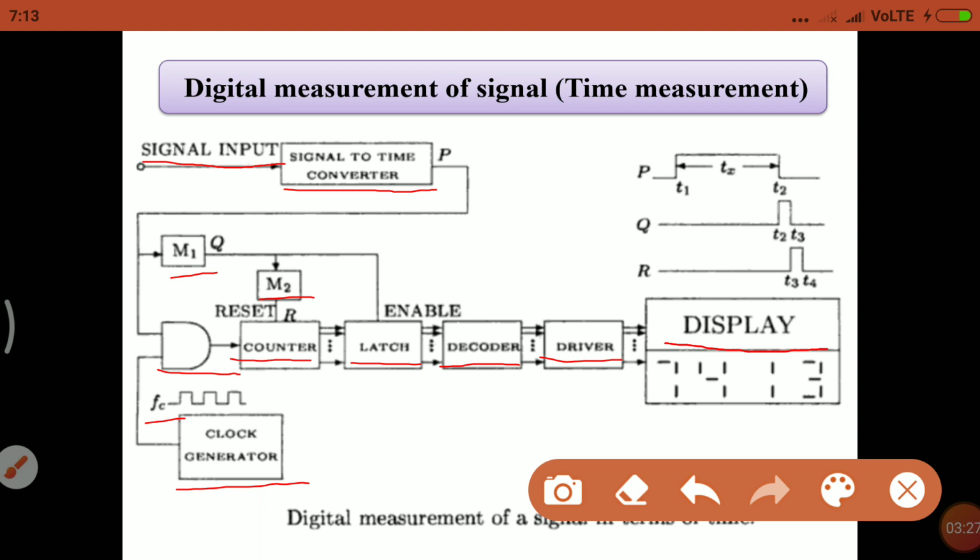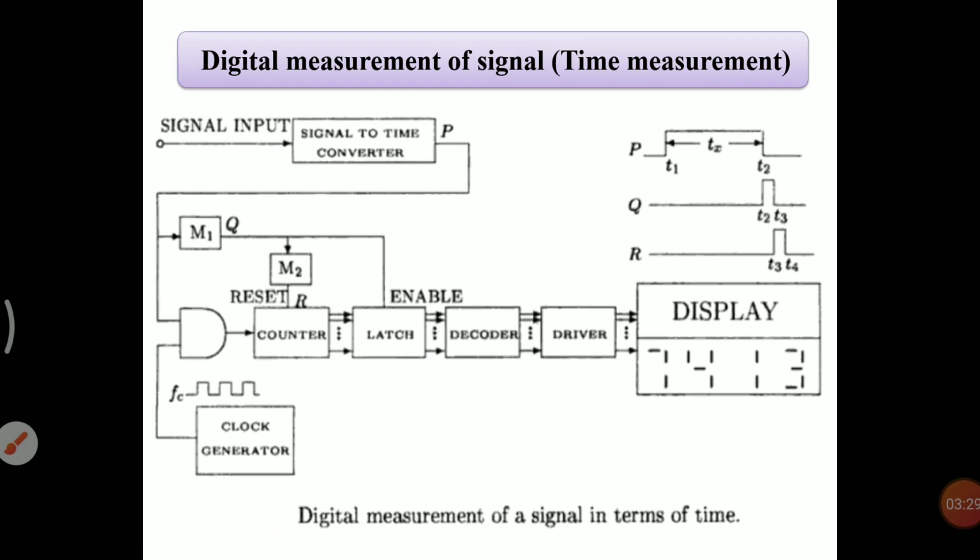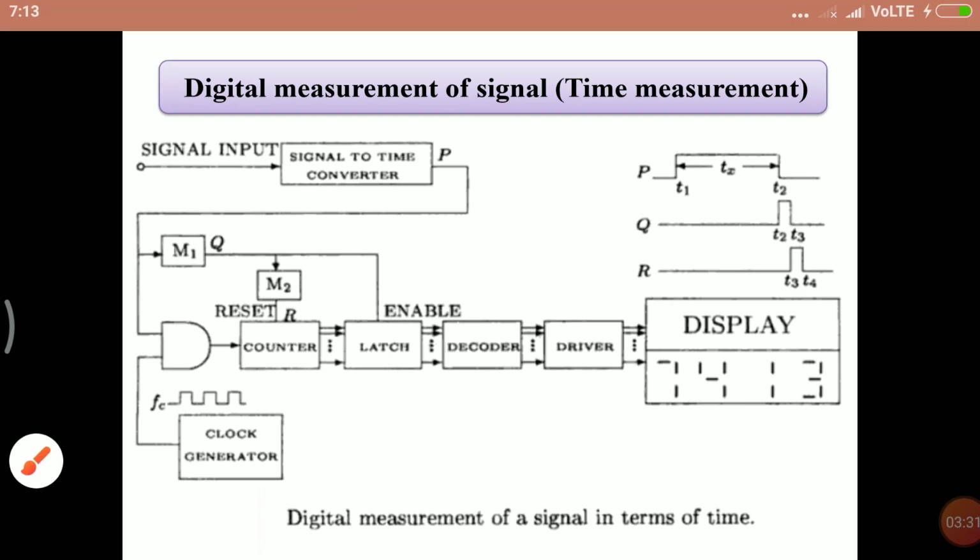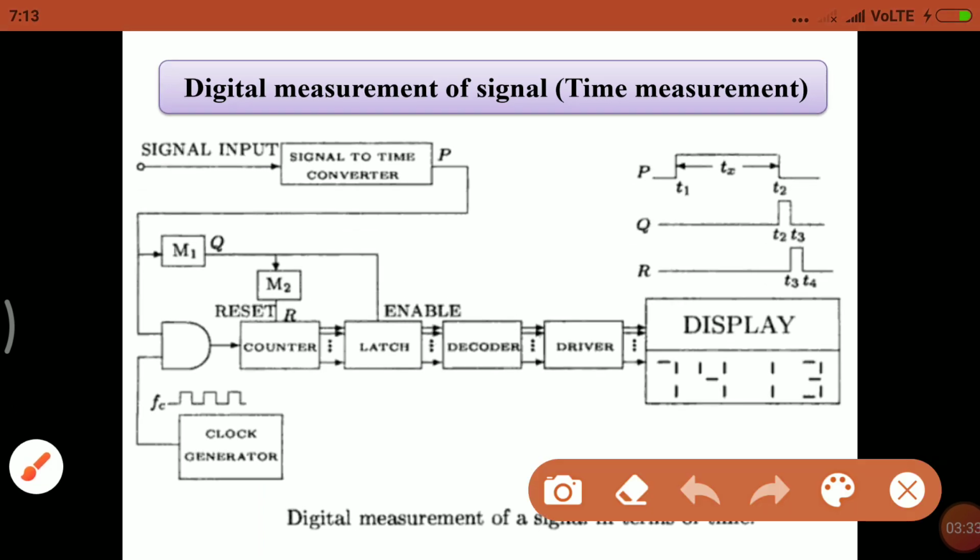Then the working principle, how it works. First is the input signal. This signal is an electrical signal. This electrical signal is given to the signal to time converter block. So what is this signal to time converter block?